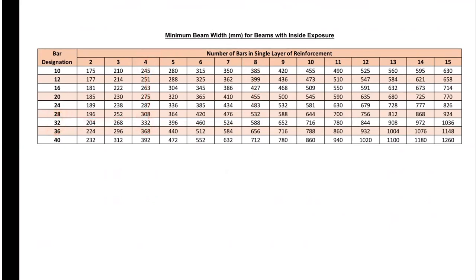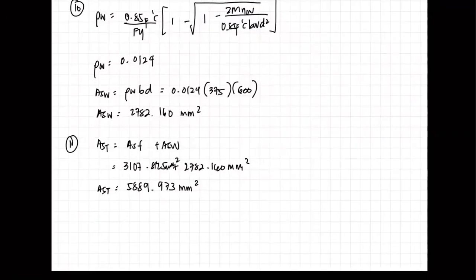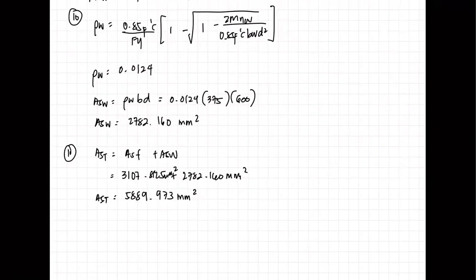Okay? So, gamitin natin, try 8 na diameter 32. Ang kanyang AS is 6432. Okay?